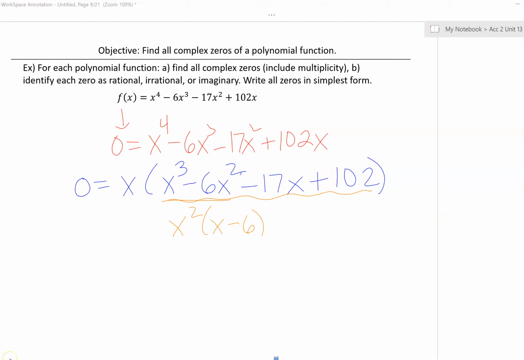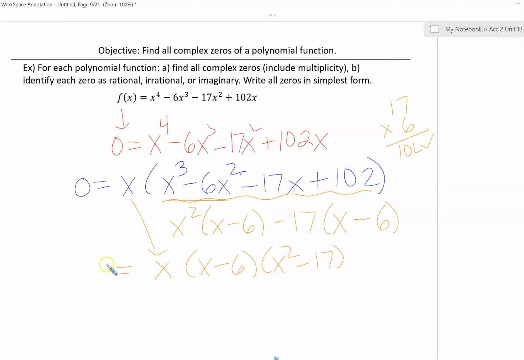And we can expect for the second two, the GCF to be this negative 17, so that we'll get an x minus 6 here. We can always double check, of course, take 17 times 6 and make sure it does give us 102, which it does. And then the second part of the grouping, x minus 6 is a common factor here, times x squared minus 17. Don't forget to bring down your x.